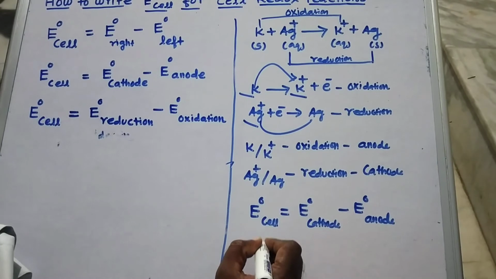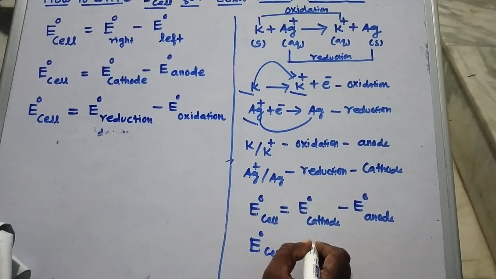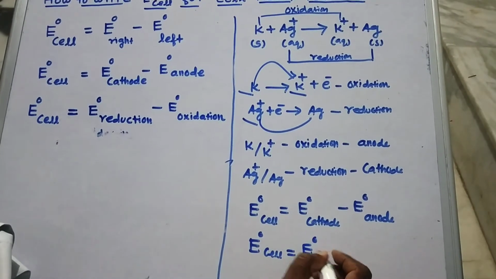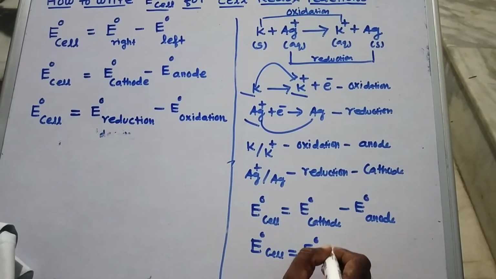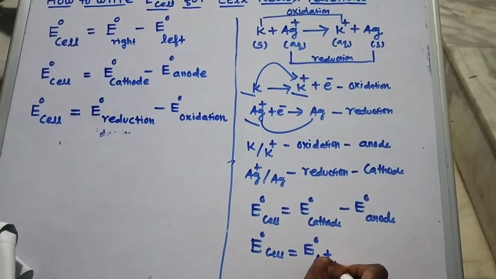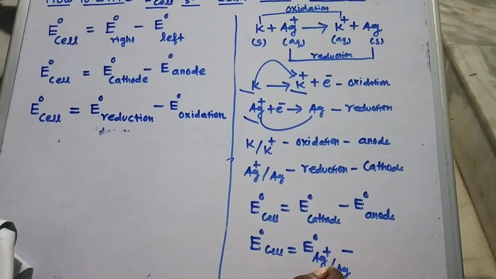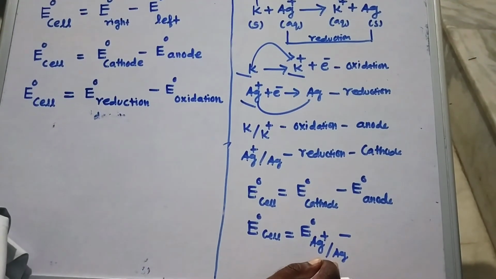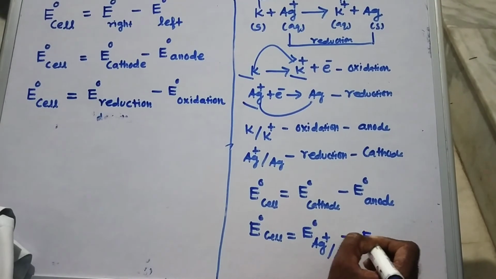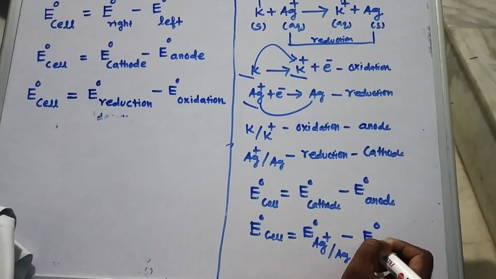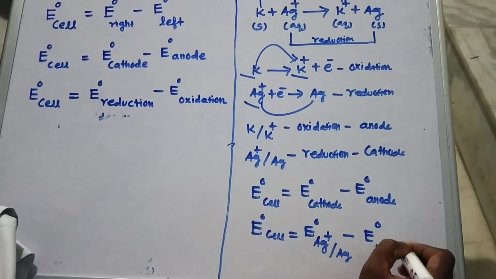Then E naught cell is equal to E naught cathode, Ag plus becomes Ag, the half cell potential of the cathode, minus E naught anode, K becomes K plus.